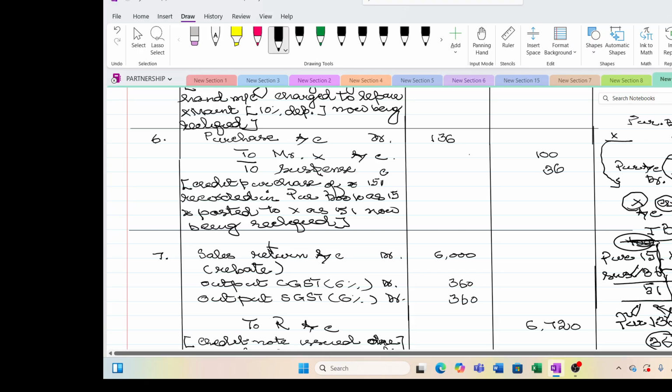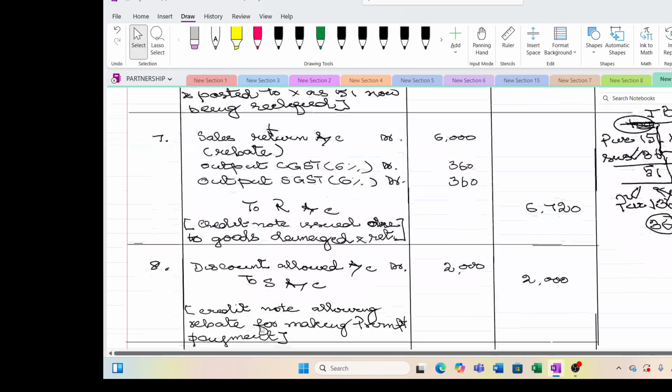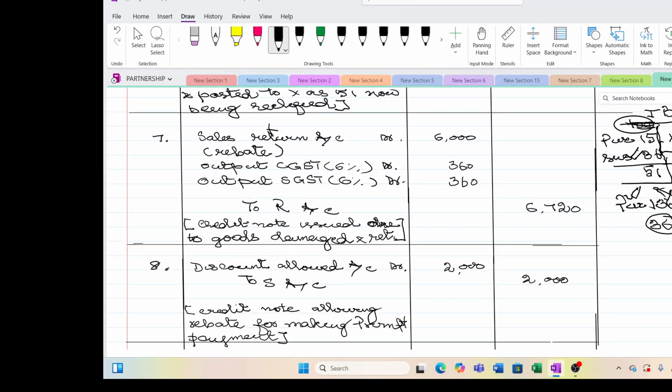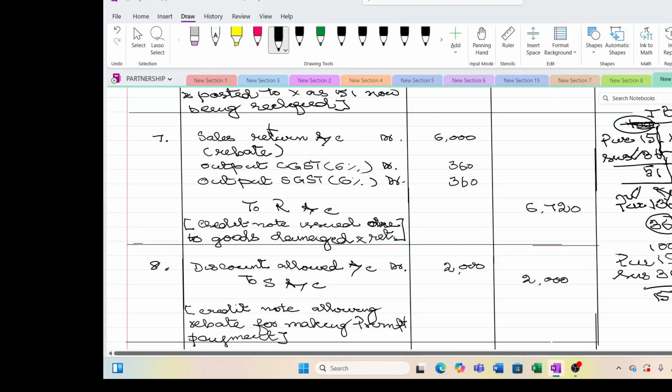Because, again, one more time I'll explain if you're not following it. See here, already purchases account is appearing for 15 rupees, and we have debited 36 rupees with the suspense account. Actually, this total should have been 151. So what is required in purchases account? Only 136 rupees we need for the debit, 115 plus 36. And X account is already credited with 51. We didn't do anything on this because we did suspense account here and matched this.